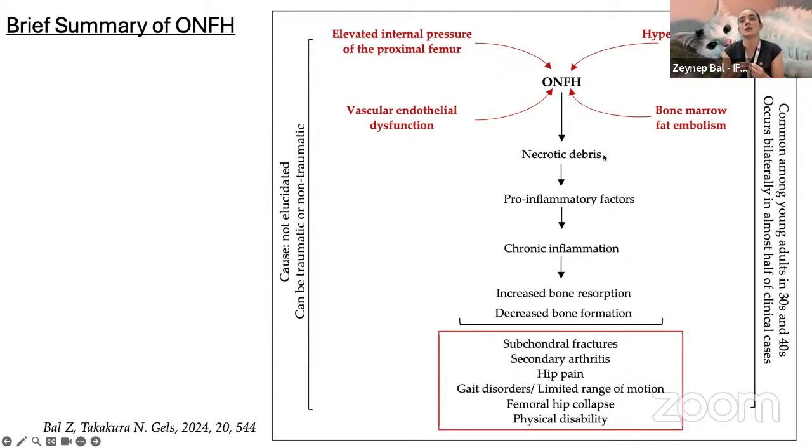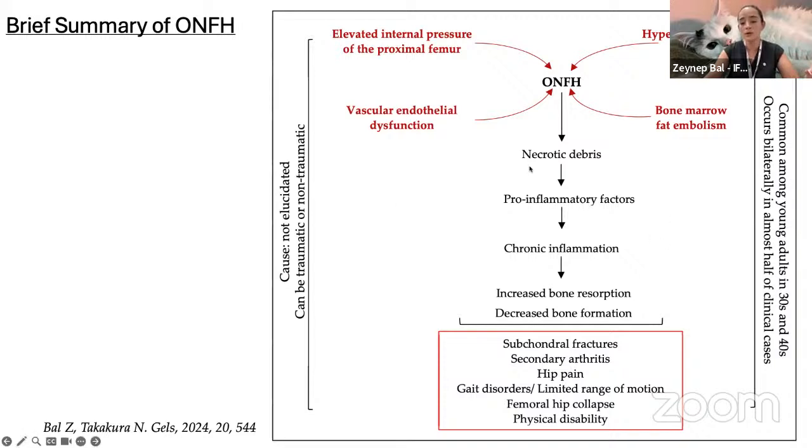Any of these ends with necrotic debris. Necrotic debris means there are pro-inflammatory factors, and macrophages and neutrophils are the first ones to go there. But the macrophage that goes there is the M1-like macrophage, which is the pro-inflammatory macrophage. In osteonecrosis, macrophages are locked in this M1 phenotype, and they keep releasing pro-inflammatory factors.